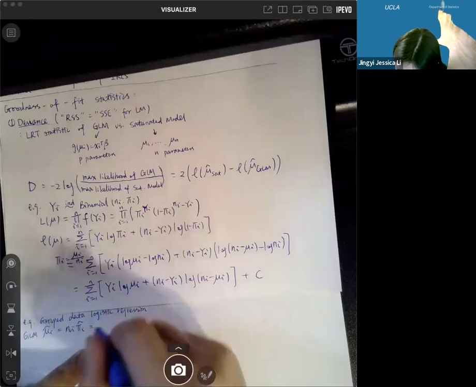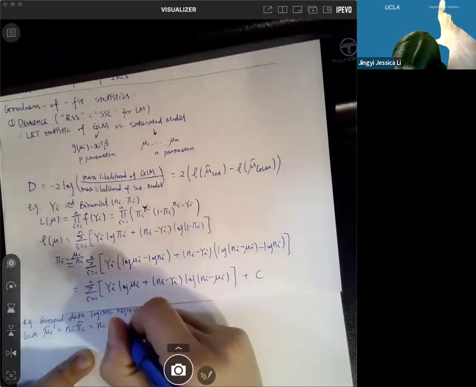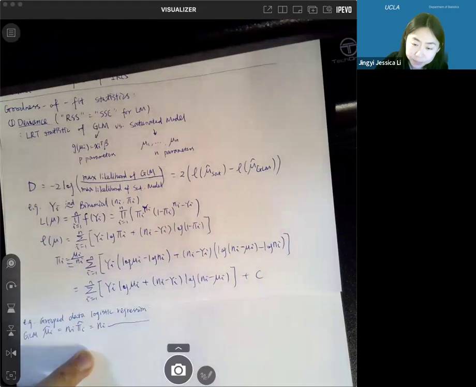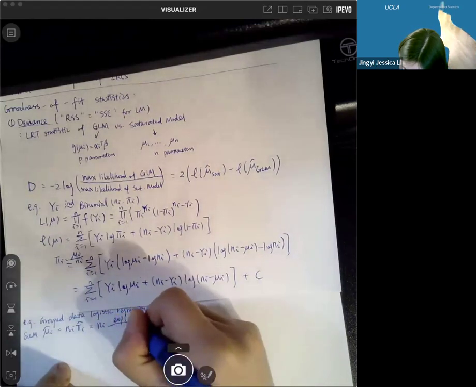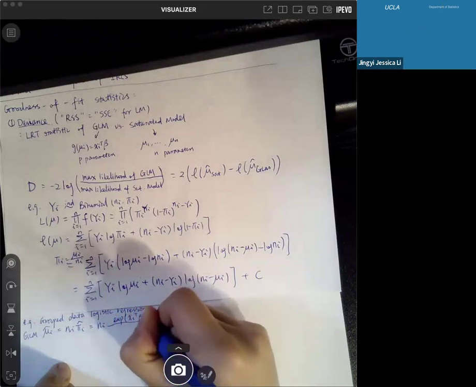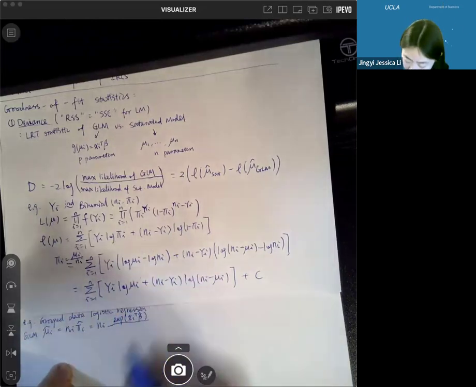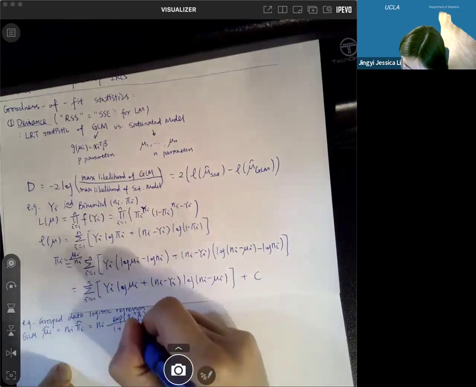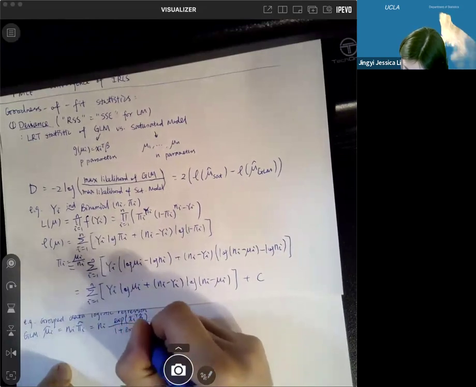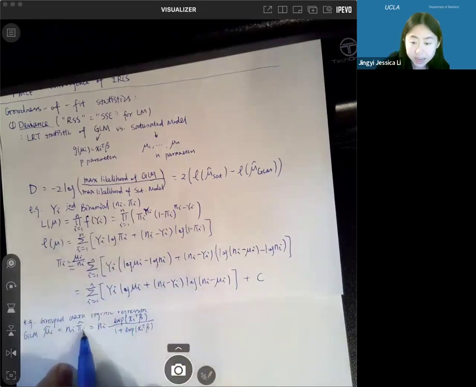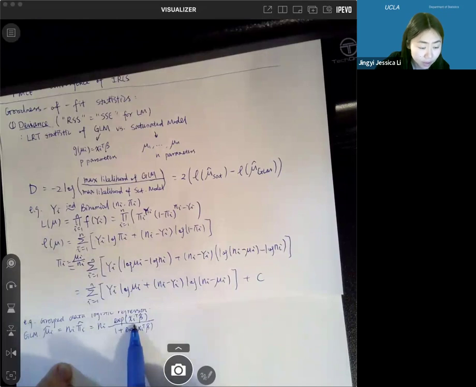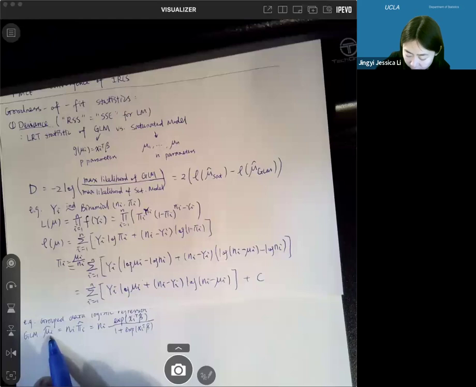And we know the formula for pi_i hat. Once you get beta hat, it's exponential of xi transpose beta hat divided by 1 plus exponential of xi transpose beta hat. This is the probability estimate from logistic regression. With this, that is your mu_i hat GLM.